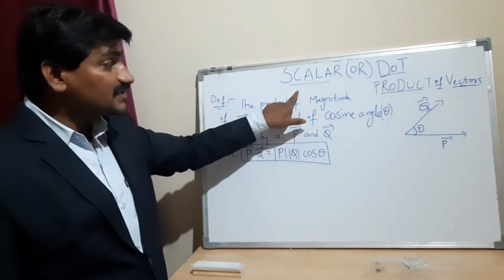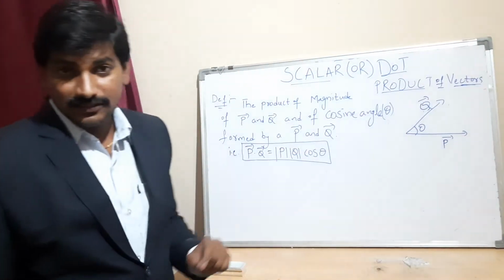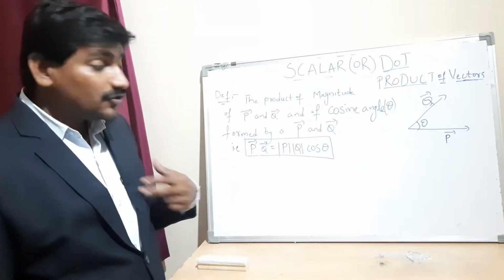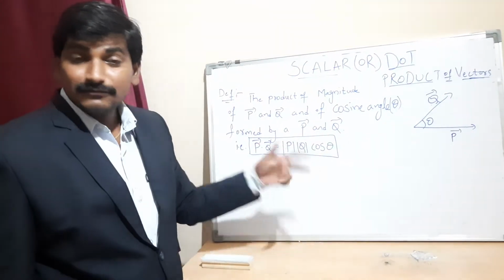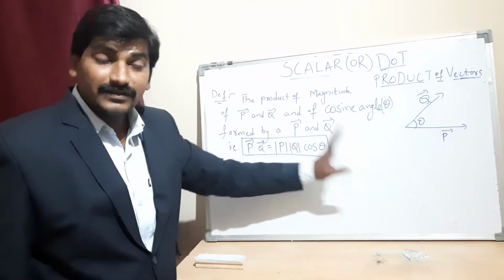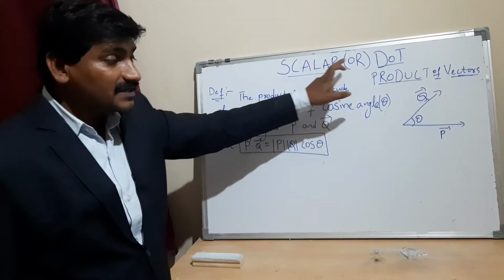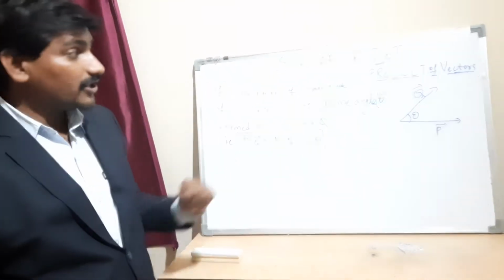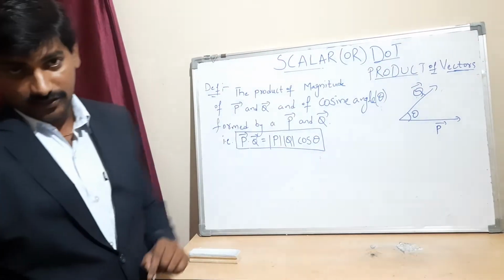That's why this is called scalar product. I am doing the product of two vectors, but I am getting the result in scalar form. That's why this is called scalar product of vectors or dot product of vectors.